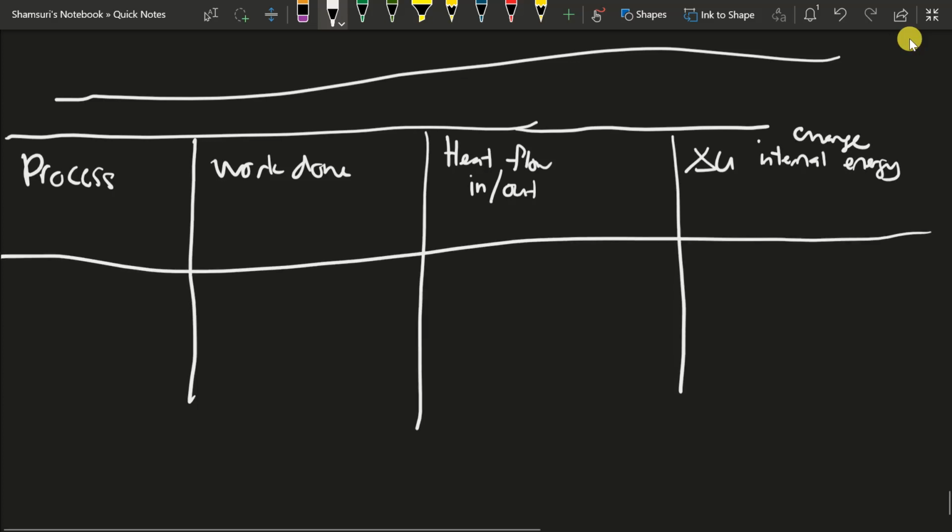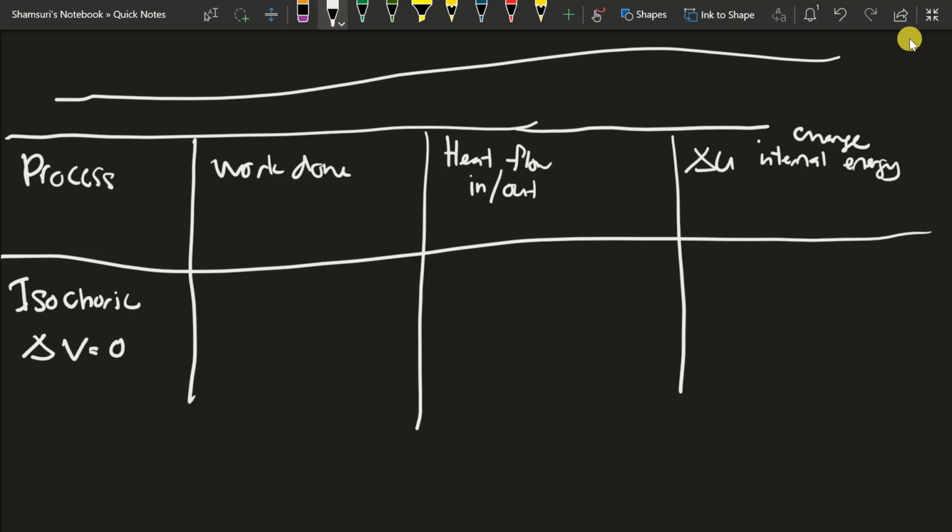Then we have a process we call the isochoric process, where delta V, I mean the change in volume, is zero.